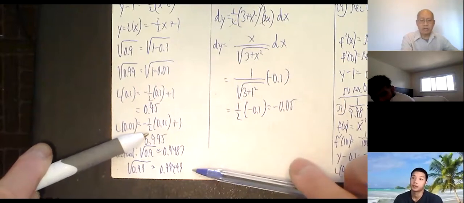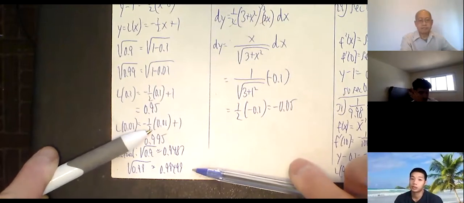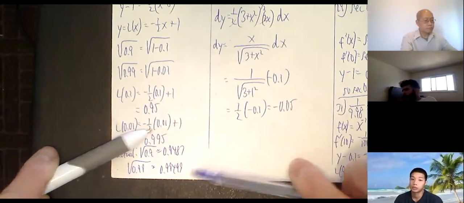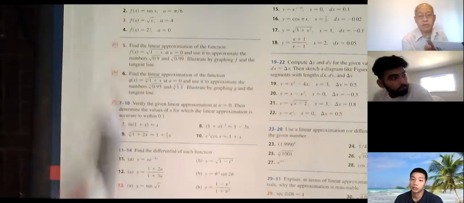On my calculator, I got 0.99499. Very, very close, as you can see. So the approximation did a pretty good job. All right, so that's how to do problems like 1 through 9.